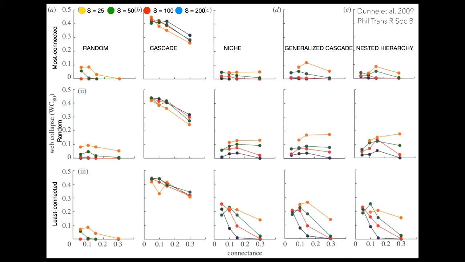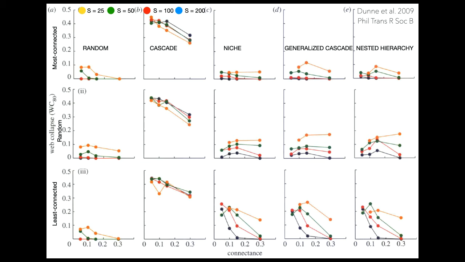In the cascade model, in particular, the robustness was the lowest, while in the random model, the robustness was higher most of the time, regardless of the criteria of species extinction.